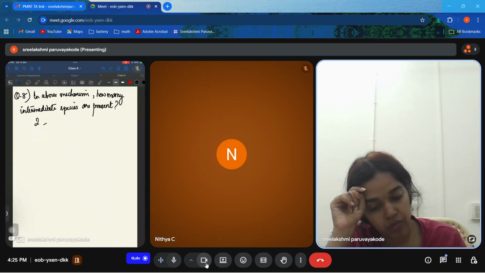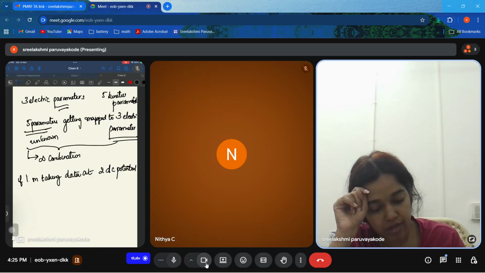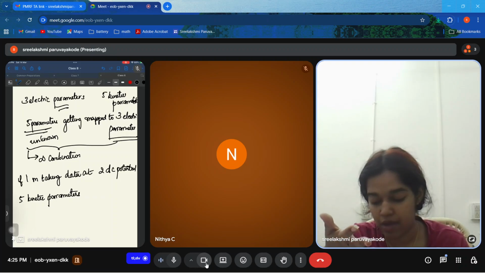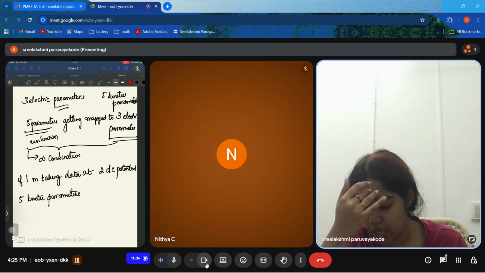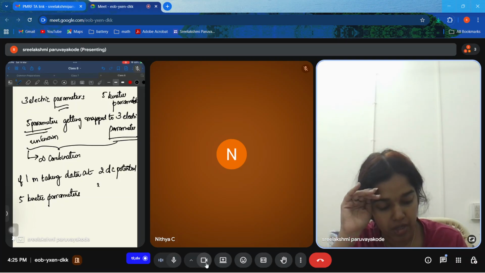So if I'm going for 2 DC potentials, I'll still have 5 kinetic parameters. But how many electric parameters will I have? This 3 corresponds to 1 DC potential.